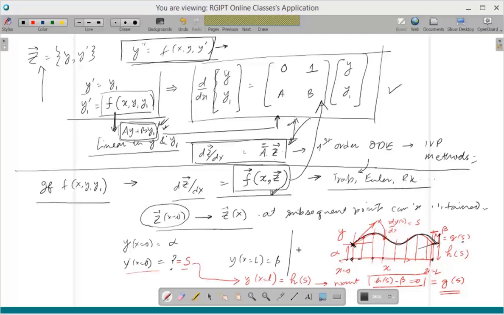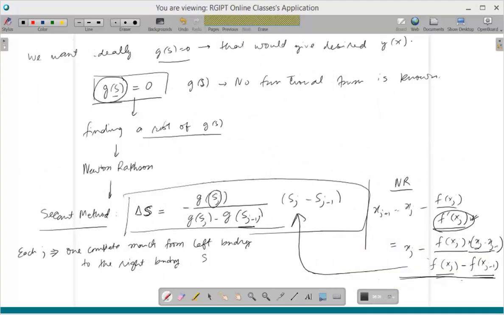Let's say I guessed S0. Actually, that's confusing in MATLAB, which does not take the first element index to be 0. So let's say j equal to 1. That's the first guess, and then from there I calculate G of S1.